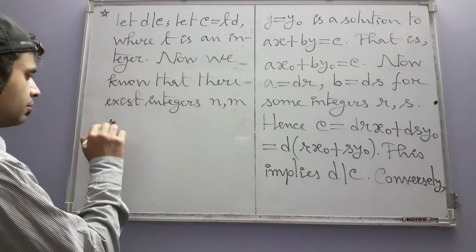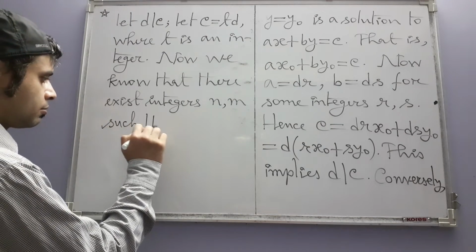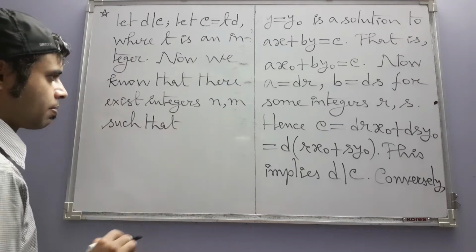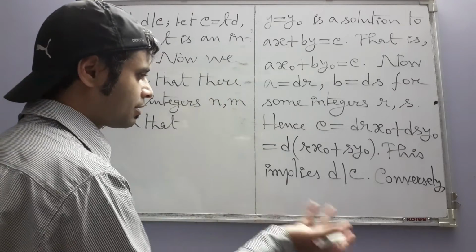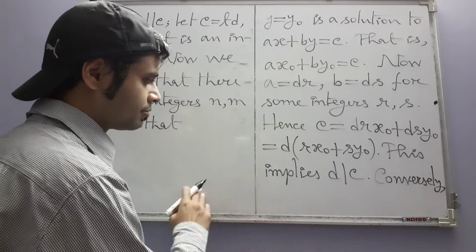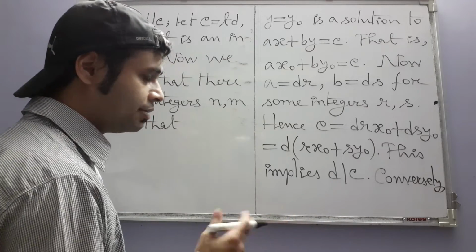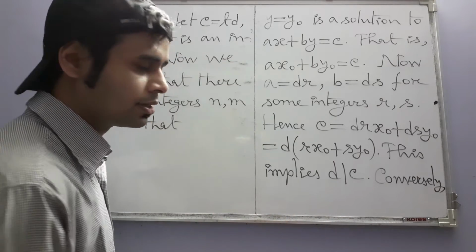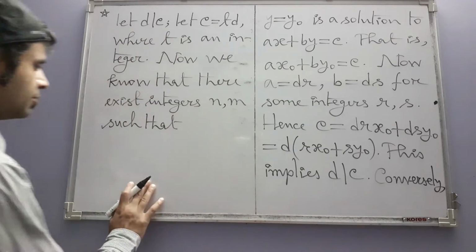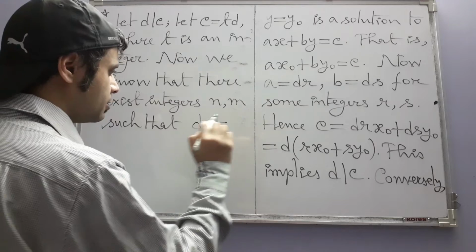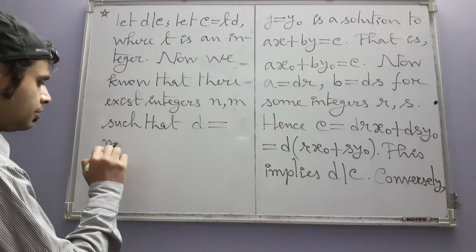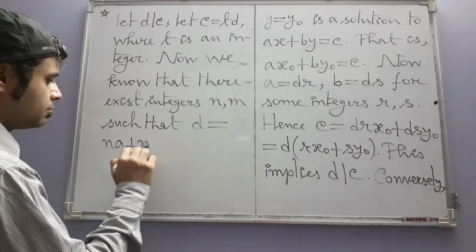Such that, and if you run out of this type of names, you can always use Greek letters. Anyway, we are talking about Diophantus, so everything is Greek, such that d is equal to na plus mb.